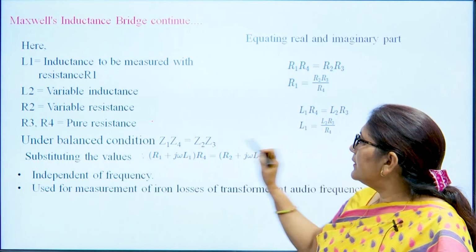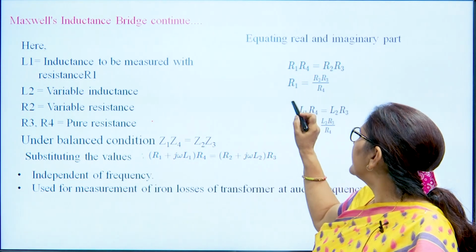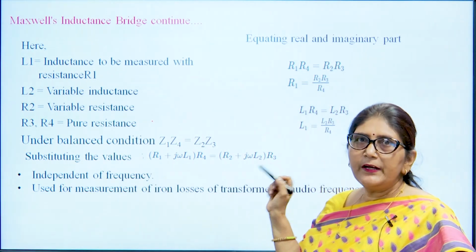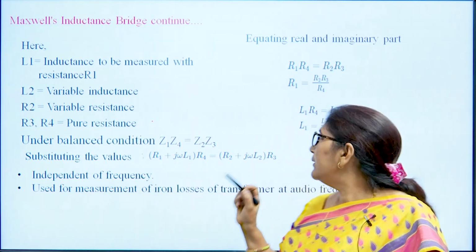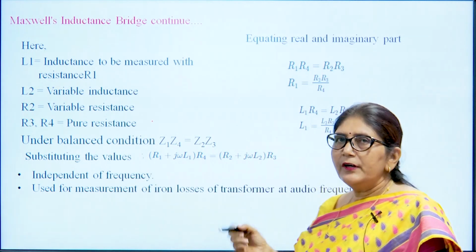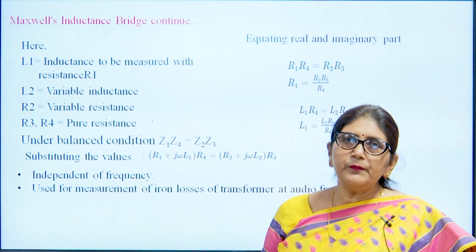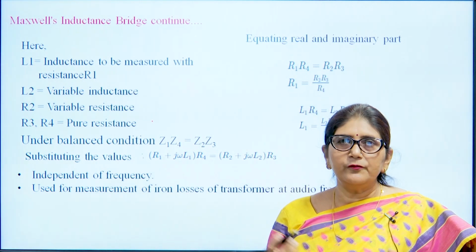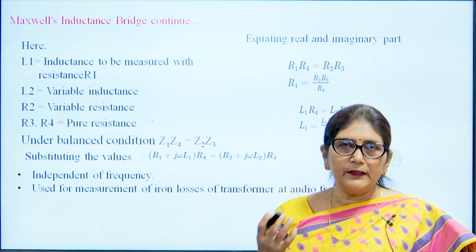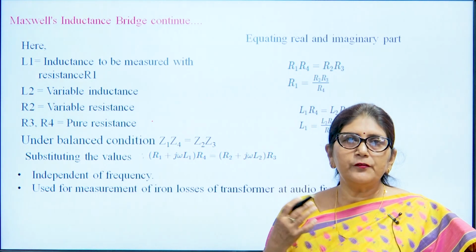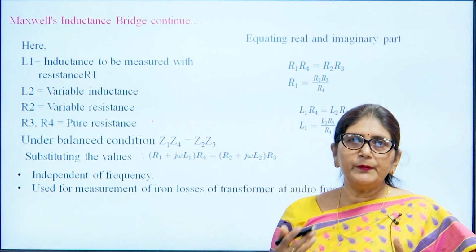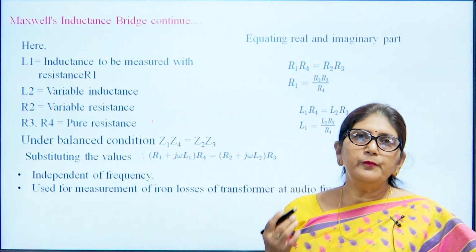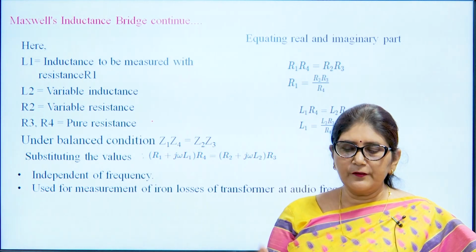By comparing the real and imaginary terms, we get R1 is equal to R2 R3 by R4, and L1 is equal to L2 R3 by R4. Again, this is independent of frequency; there is no change in the value of inductance when the frequency of the source is changed. This bridge is basically used to measure the iron loss of the transformer.